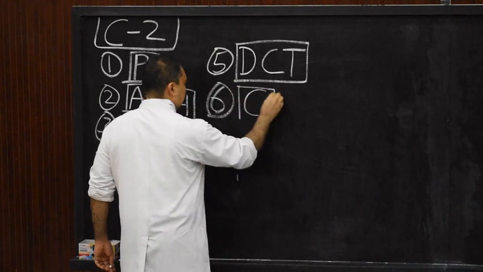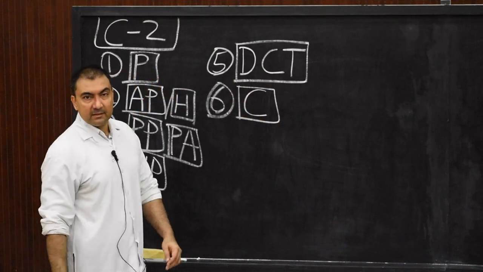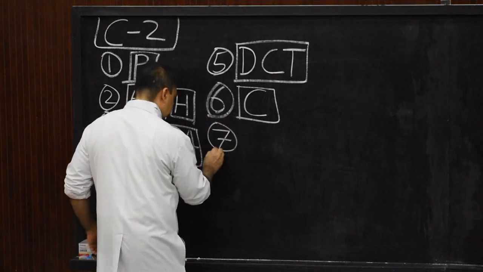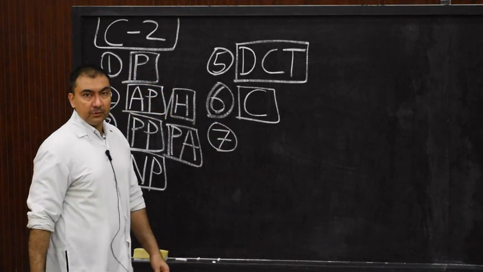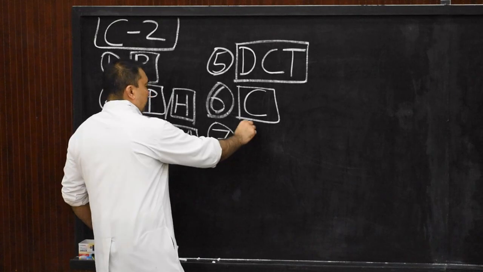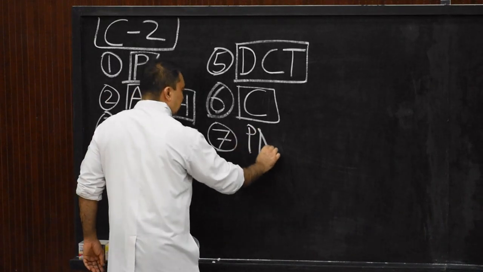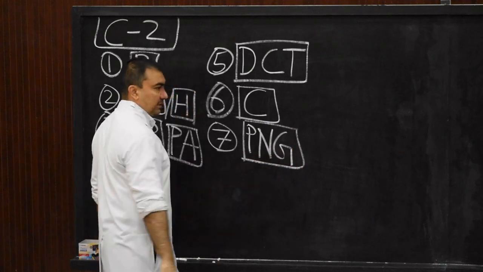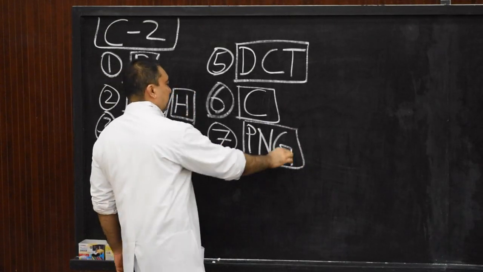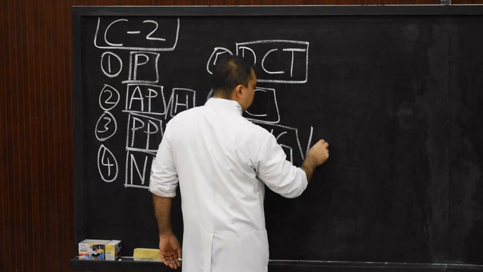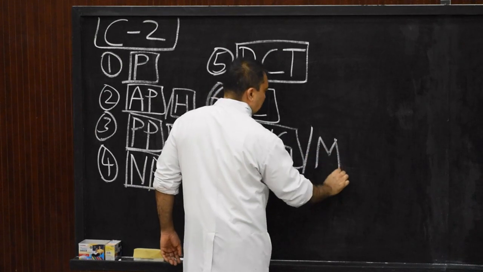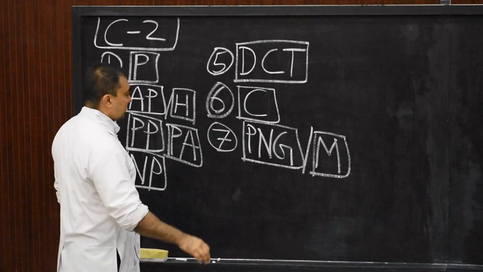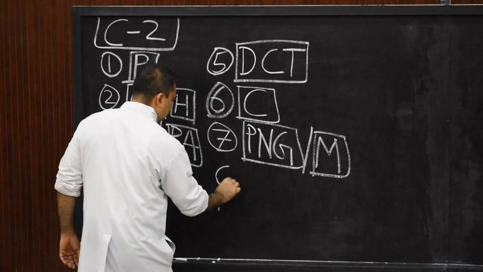Very important, commissures of the entire cerebral hemisphere. 7, we come across to, once again very important points, post-natal growth of the cerebral hemisphere, as well as one of the important parts, myelination. Post-natal growth as well as myelination in point number 7.